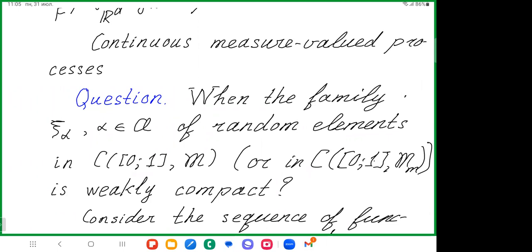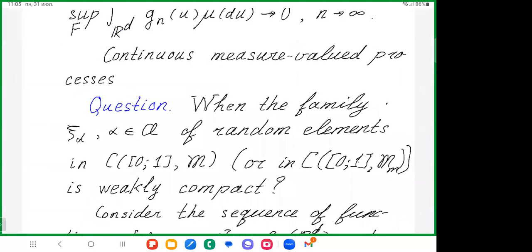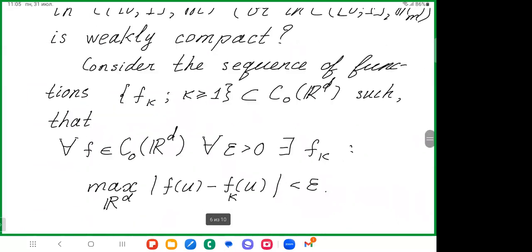So now let's go to our approach. Consider a sequence of functions f_k, finite with compact support, such that any function of compact support can be approximated by some element from our sequence.